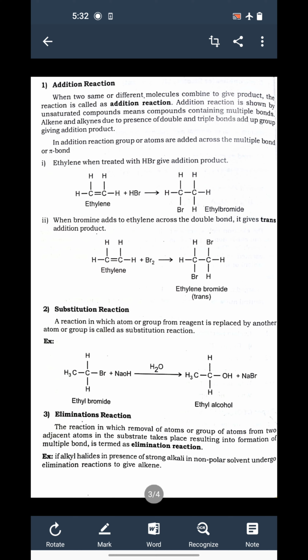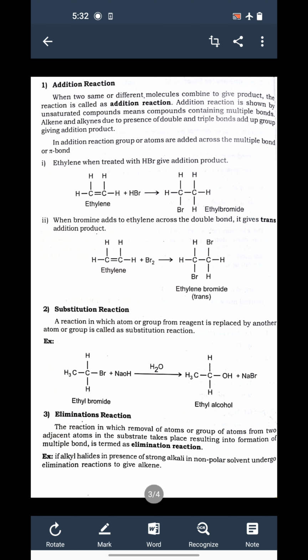We get a trans compound where the Br atoms are in opposite directions, because Br is a very bulky atom, and to make the molecule stable they attack on opposite sides to form this stable trans ethylene bromide. So this is all about addition reaction.